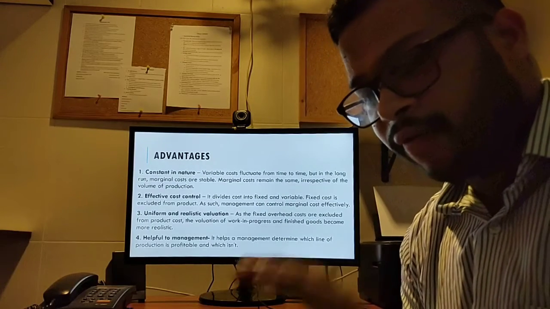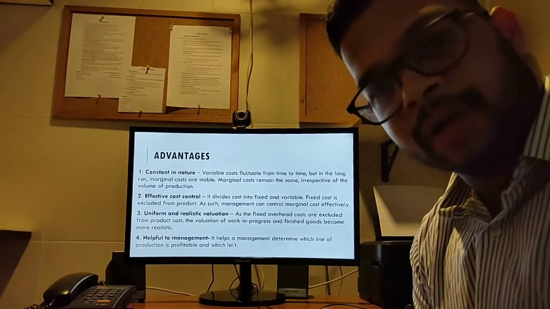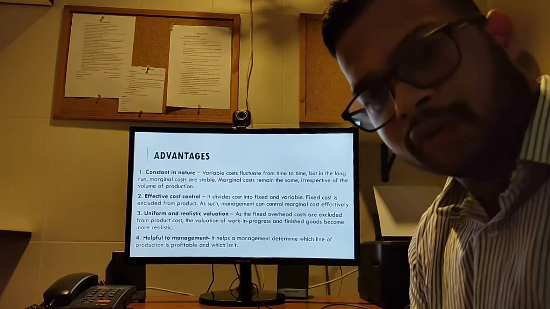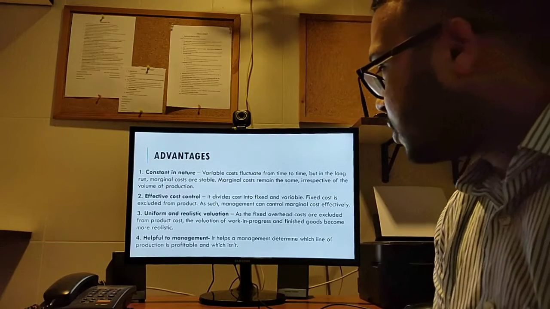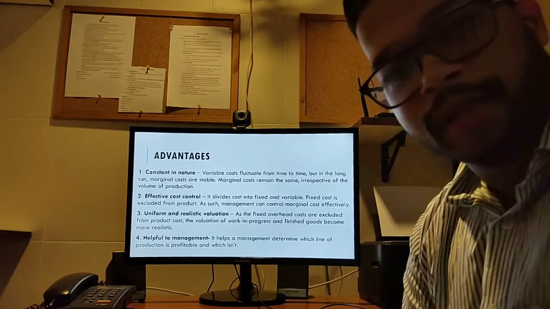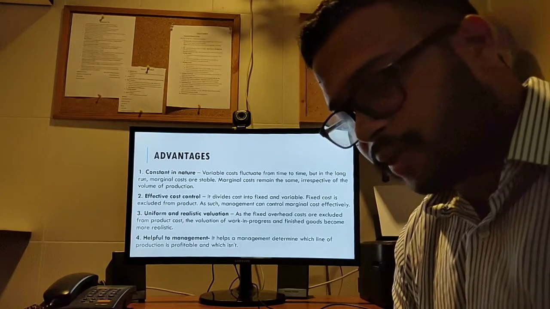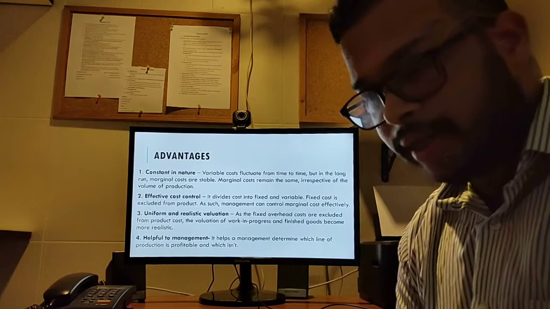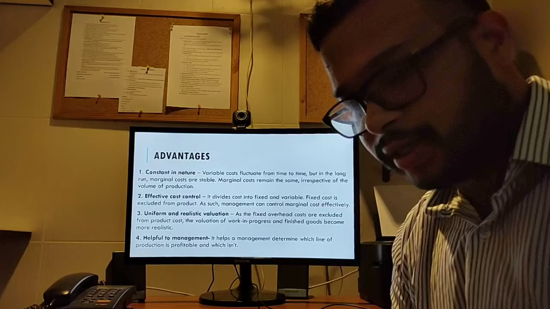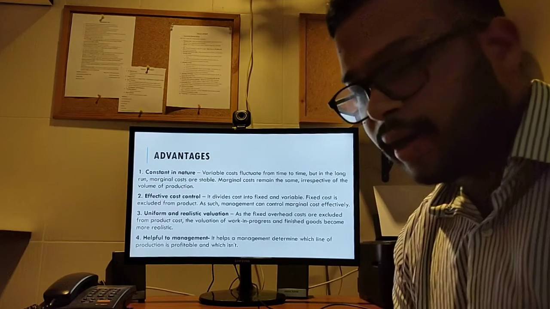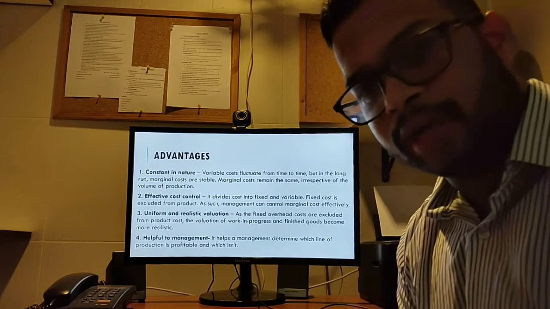Only the variable component is included in the cost of your product. As a result, management can control the marginal cost effectively, because now that you've separated the fixed cost, management can focus on variable cost and see what improvement they can make in order to control their costs.